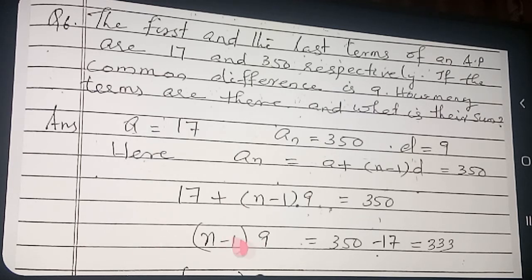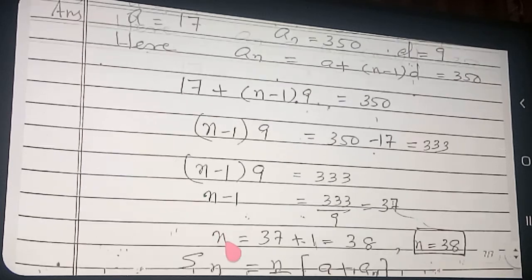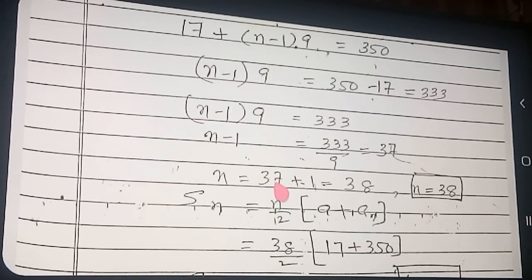So (n minus 1) into 9 is equal to 350, and the 17 I take to this side, so minus 17 is equal to 333. So (n minus 1) into 9 is equal to 333. Therefore n minus 1 is equal to 333 divided by 9. So how much did you get? 37. Therefore the value of n is 37 plus 1, that is equal to 38.